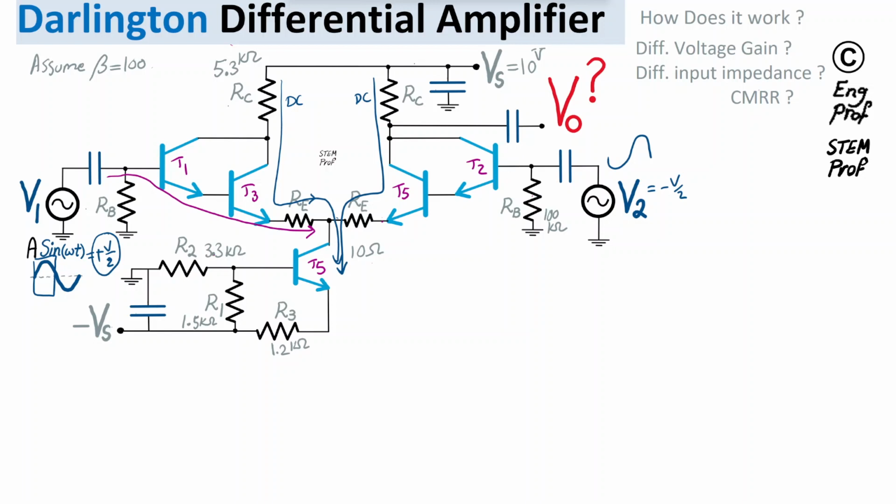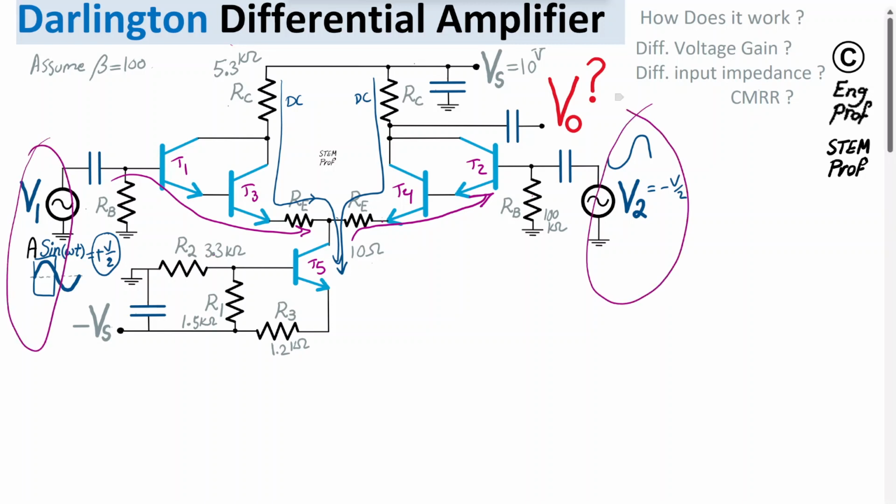So whatever happens in terms of the magenta current adding to the blue current for the T1 and T3 transistors, exactly that current is being subtracted from the DC current of the T2 and T4 transistors. So what I'm saying is, when we are doing differential analysis, it's as if the same magenta current that is going through T1 and T3 is going to T4 and T2 like this.